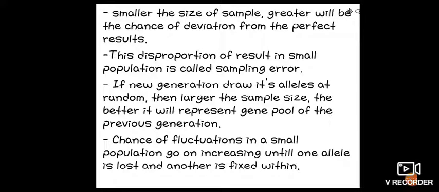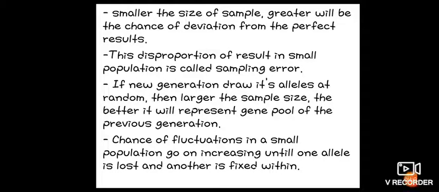Thus, it gives a clear-cut idea: the smaller the sample size, the greater the chance of deviation from the perfect result, as we see in the coin toss example. So the gene pool of a generation will vary from the previous one.